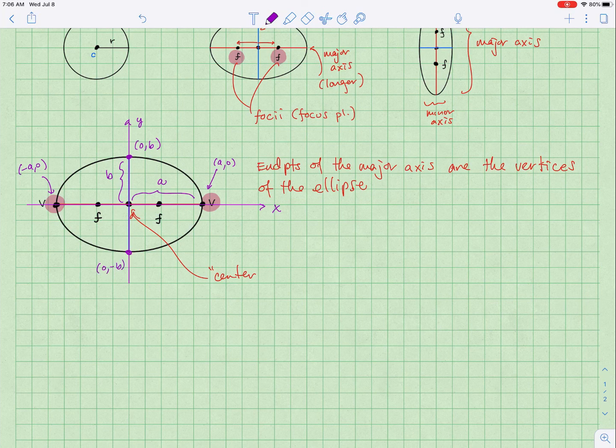This is all for reference. And then there's one more distance that we want to talk about, and I'll highlight it here. And that is the distance from the center of the ellipse to the focus. And we're going to call that length C. So A is the length from center to the edge of the horizontal axis.